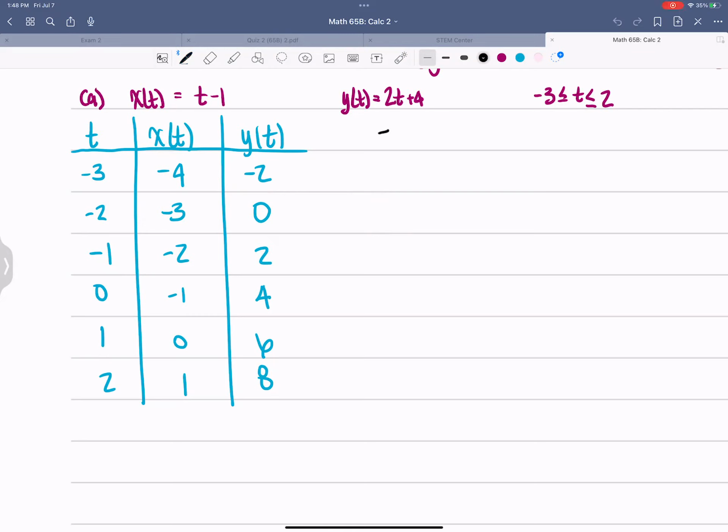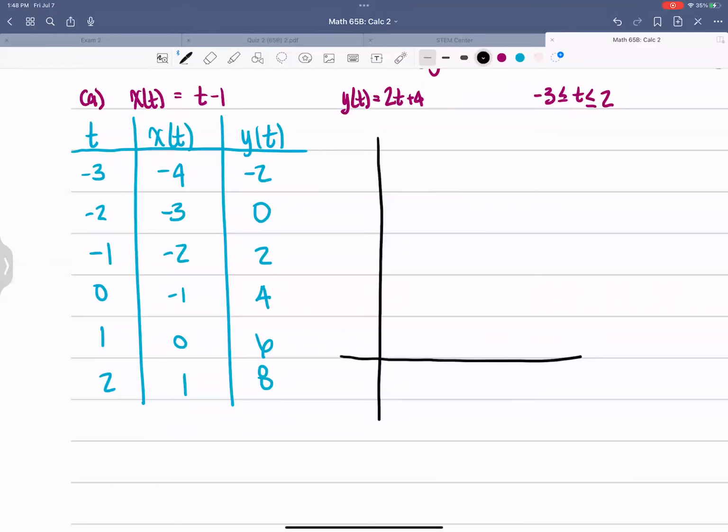So let's see here. Let's start here at t equals -3. This is what we're going to label this point as. We're at -4, -2.